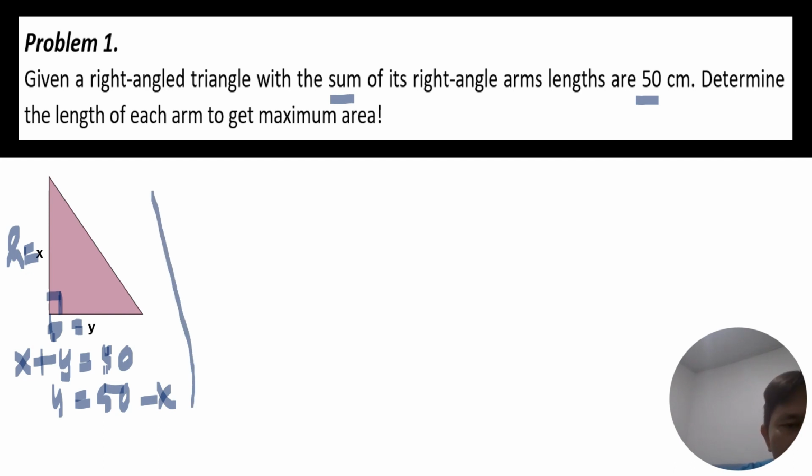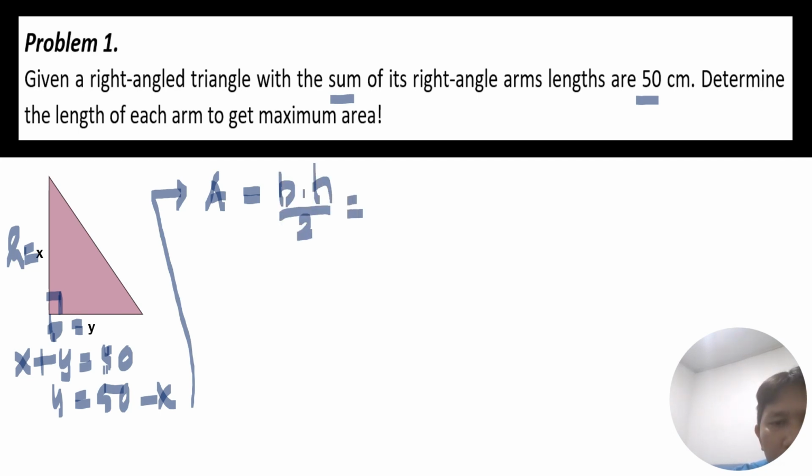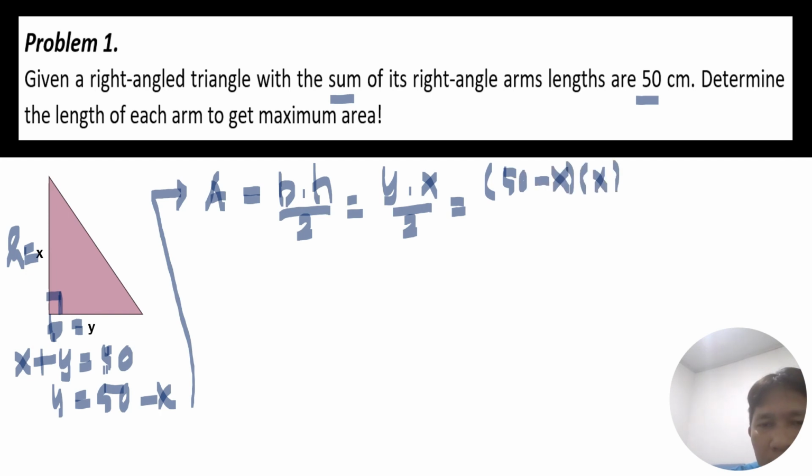Then we're going to continue to construct the function formula of the area. Area equals base times height over 2. So base equals y, so this is y times height, height equals x, over 2. Then here we have y equals 50 minus x, times x over 2.